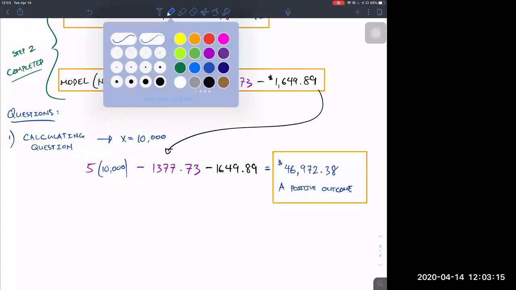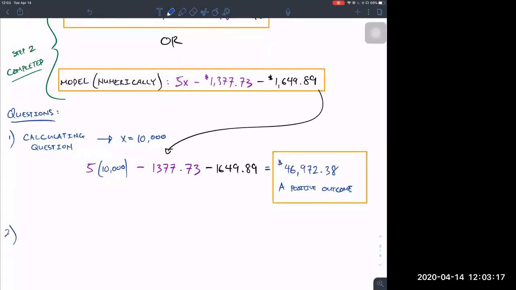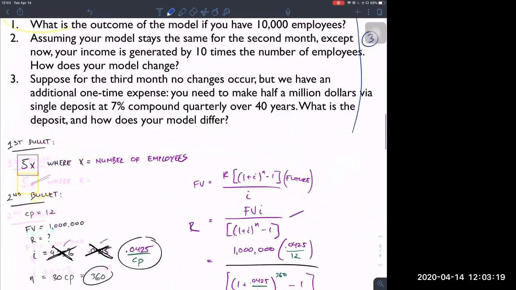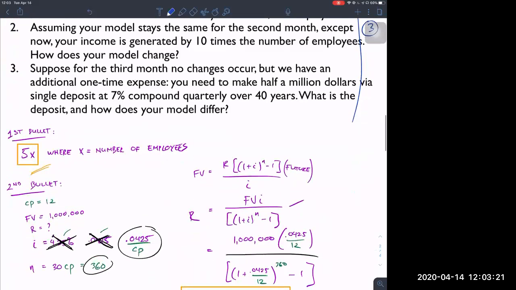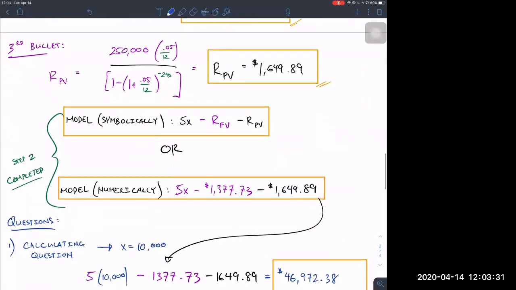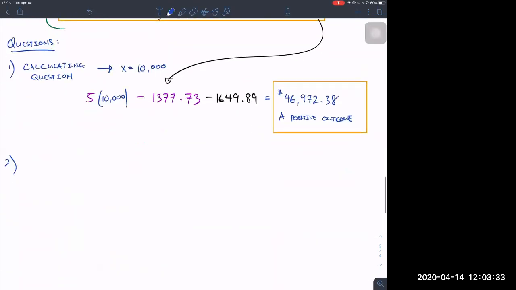When we go to number 2 here, there's a couple of things I want you to notate as well. Assuming your model stays the same for the second month, except now your income is generated by 10 times the number of employees, how does your model change? Most students understand to keep the questions isolated from one another. So I'll write that here too.